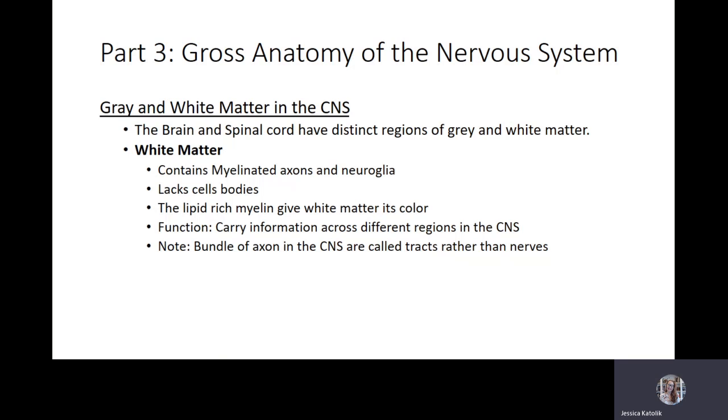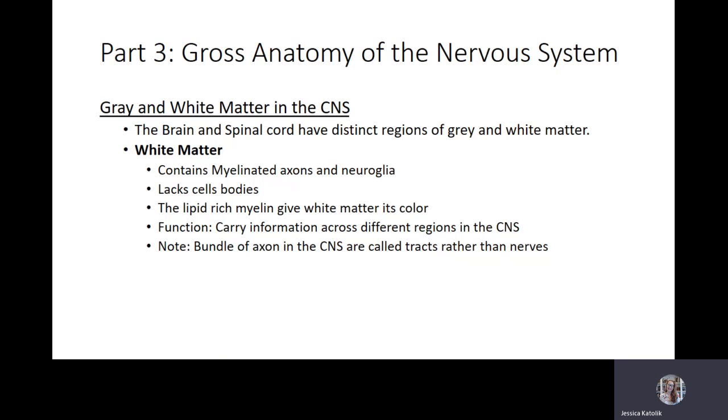So what is the function of white matter? Being that there are myelinated axons in white matter, those axons are going to carry information through the central nervous system, and to different regions of the central nervous system.